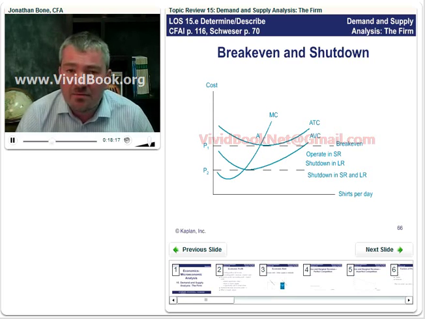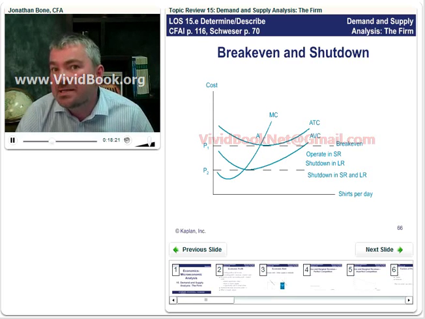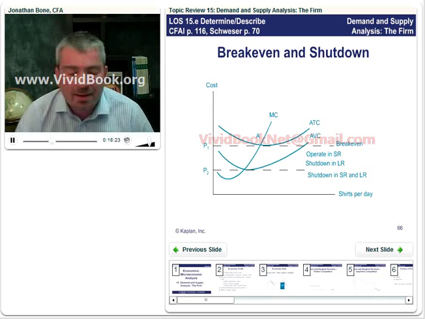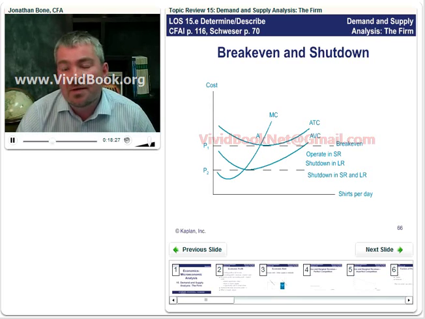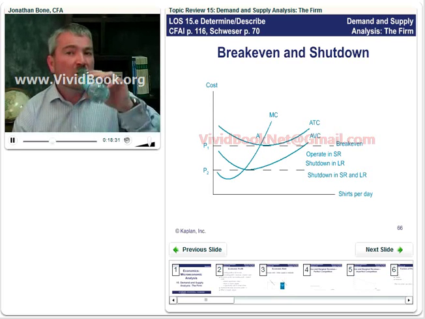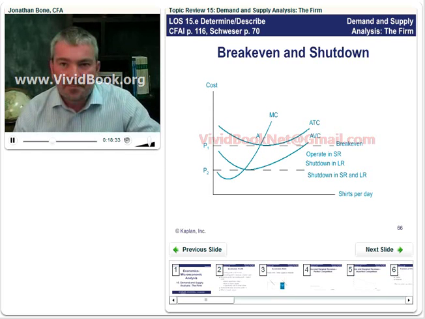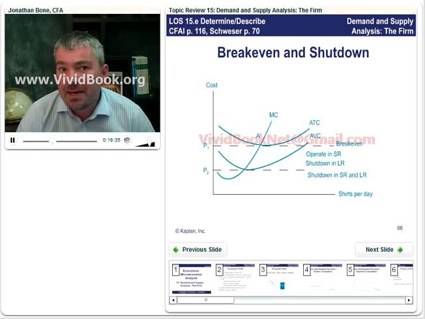Now given that fixed costs are irrelevant in the short run because they cannot be avoided, we would continue to operate in the short run. However, of course, in the long run, in order to make a profit, a normal profit, you're going to need to cover both your fixed and your variable costs. Okay, so between P2 and P1, operate in the short run, shut down in the long run.